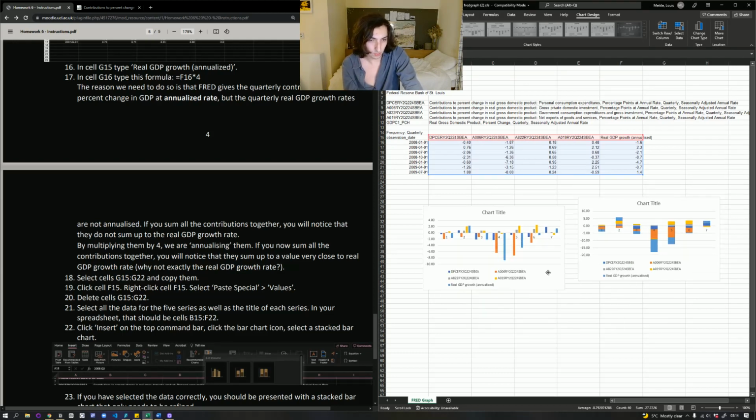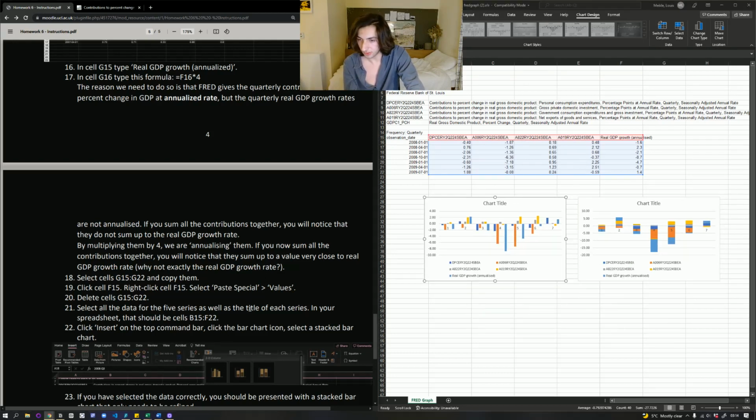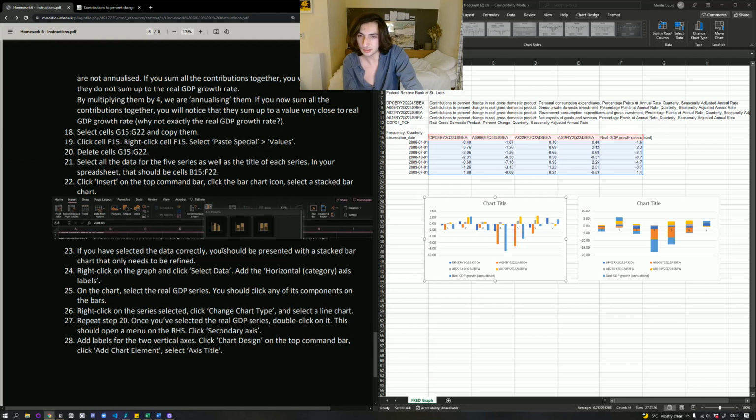Now, both of these work. I'm very well aware that the question asks for stacked bar charts, which is this one on the right. Stacked bar charts are fine, but I feel it is harder to see what's doing what in that period, which is why I prefer this one.